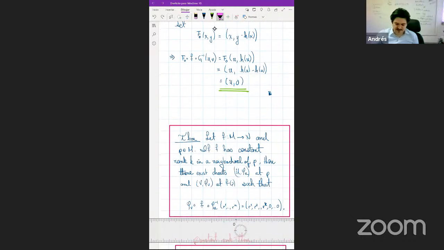So this is the same statement but on manifolds, because it is a local statement. So we can find the charts. For this, we use the inverse function theorem, and then we need to make this 0.